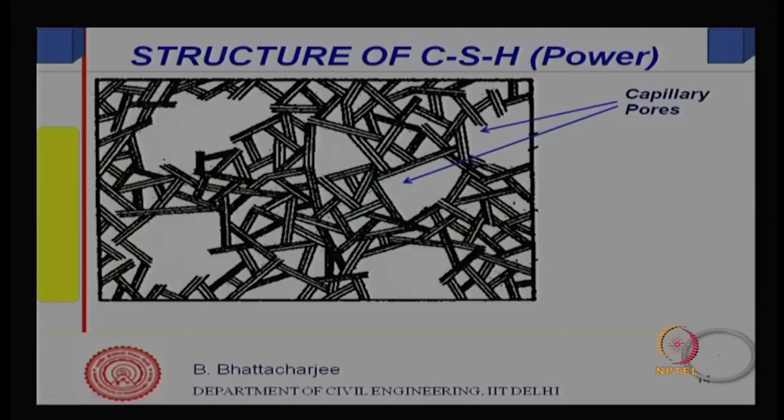As you know, at the interface there will be surface tension forces, like if you dip a capillary into water, there is capillary rise, and this is because of surface tension forces.